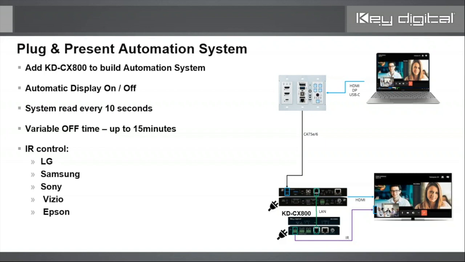So if the user unplugs the HDMI cables and there's no longer a presenter, you can turn off the display within any amount of time you'd like, up to 15 minutes. Now, this Plug and Present is already being integrated here in the US with some beta testers.